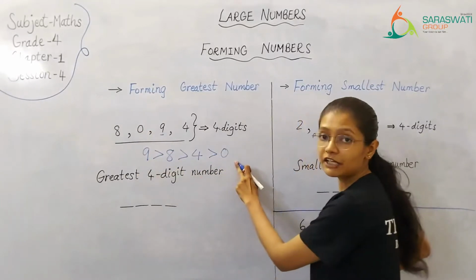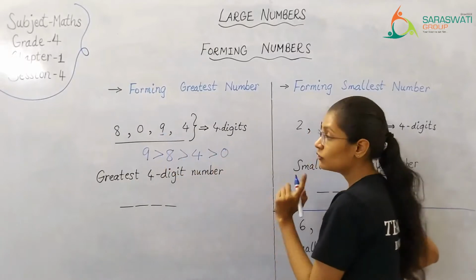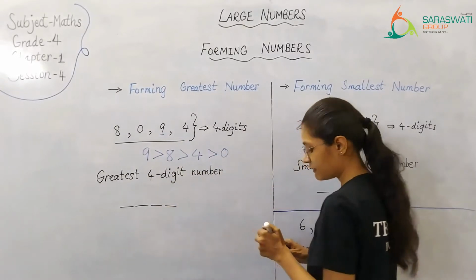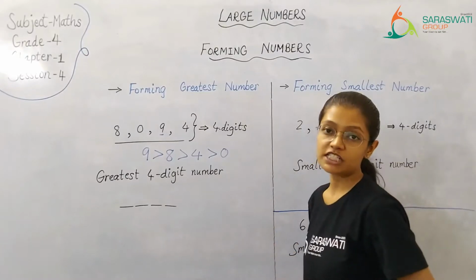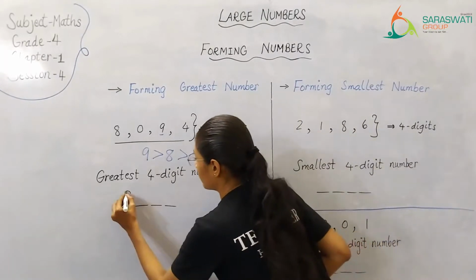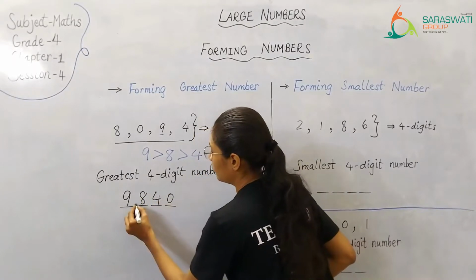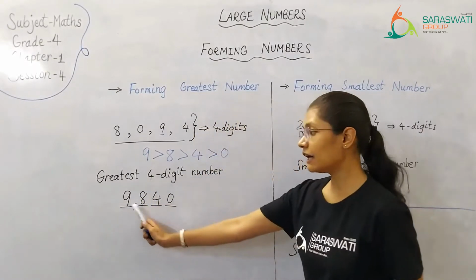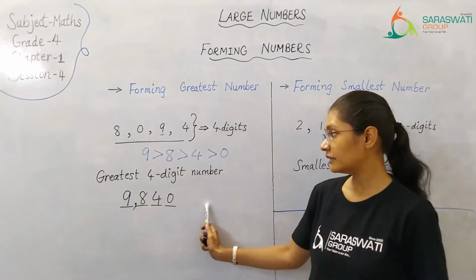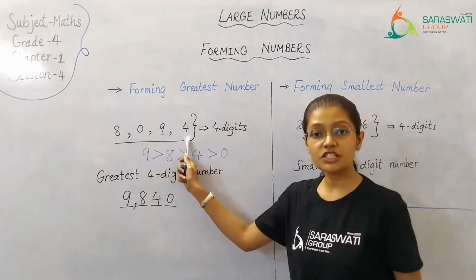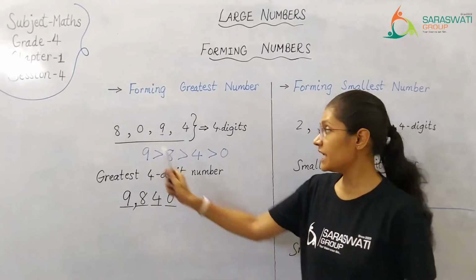So this is the descending order for these 4 digits. So writing these digits in this order over here, we will get our greatest 4-digit number. So the number is 9840.